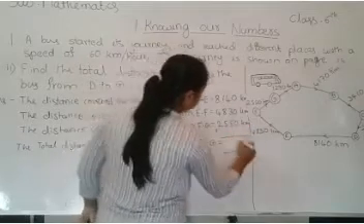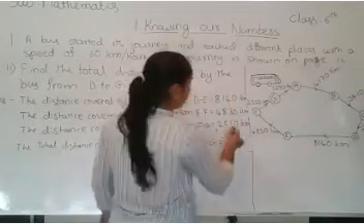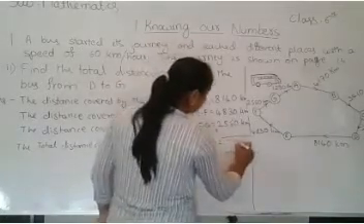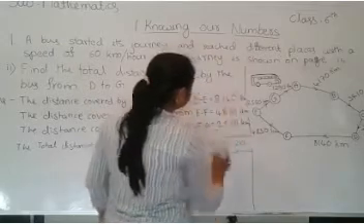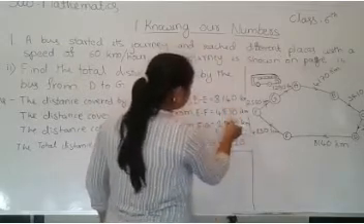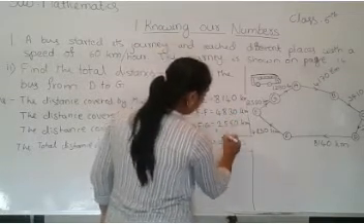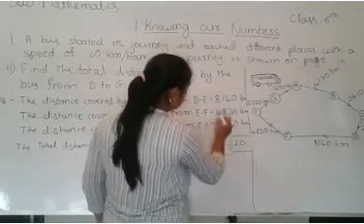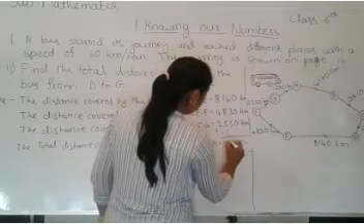Yes, then 0, 4 plus 3 is 7, 7 plus 5 is 12. Yes, here carry 8 plus 1 is 9, 9 plus 4 is 14, 5 is 14, 14 plus 1 is 15. Right here carry 8 plus 4 is 12, 12 plus 2 is 14, 14 plus 1 is 15.